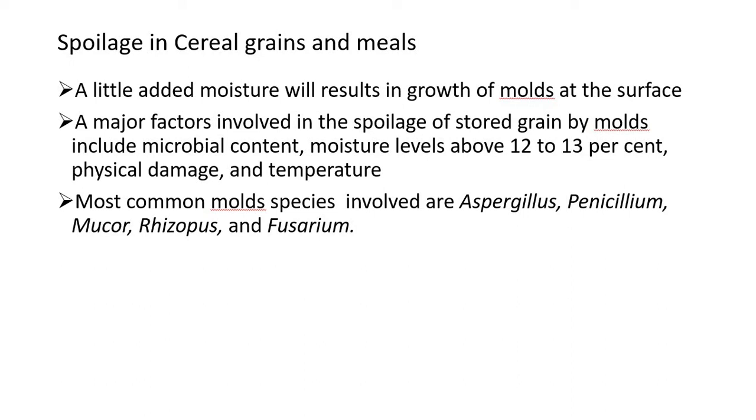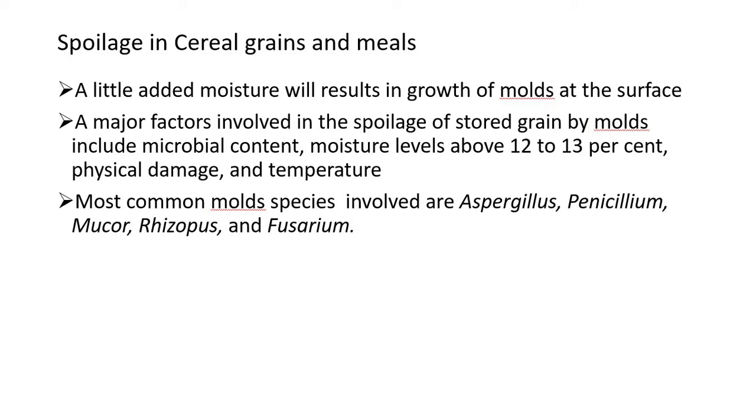Cereal grains and meals are ordinarily not processed to reduce their natural flora of microorganisms. They are likely to contain molds, yeast and bacteria which are ready to grow if enough moisture is added, in addition to starch, which is unavailable to many organisms.